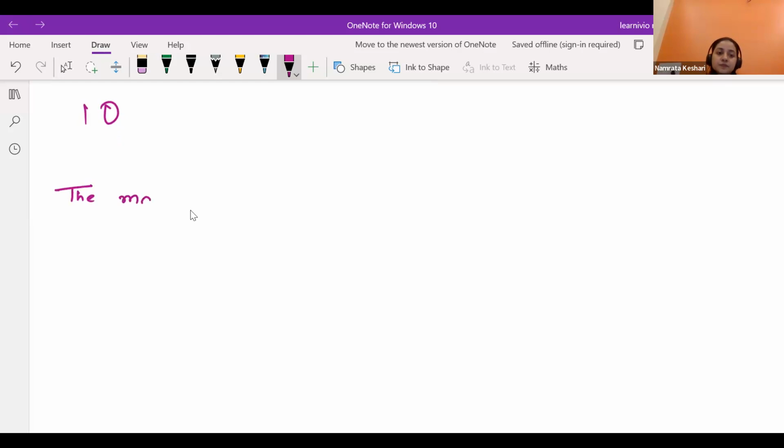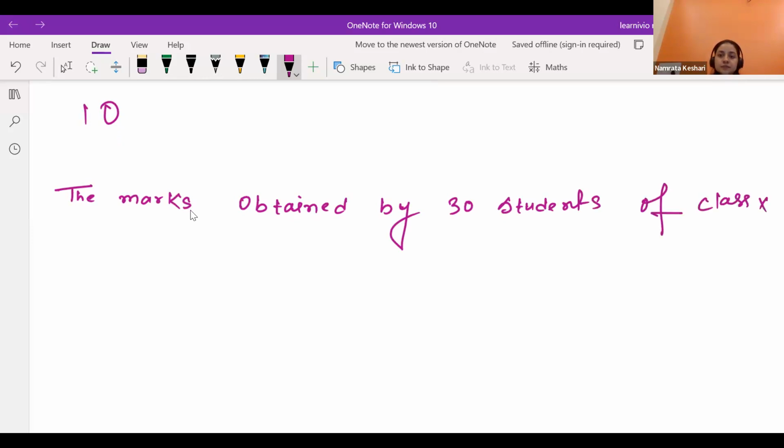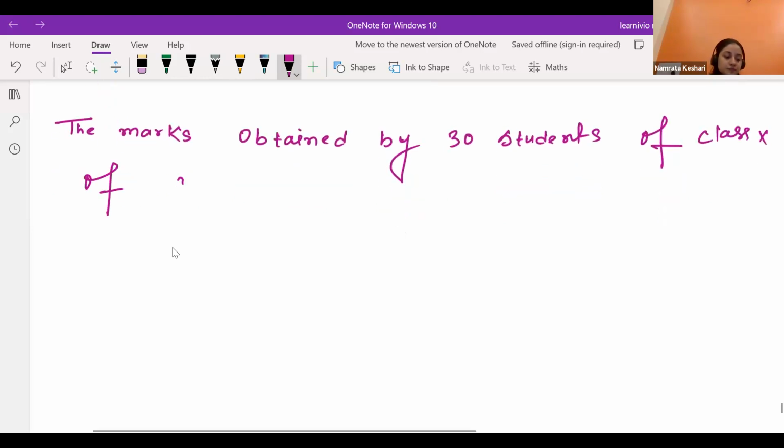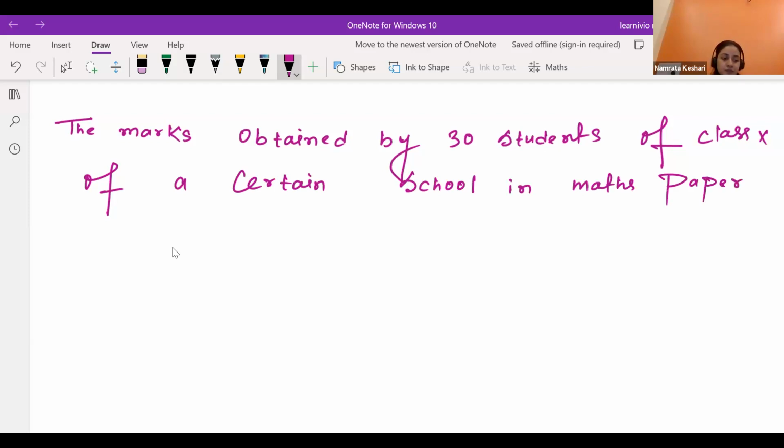The marks obtained by 30 students of class 10 of a certain school in a mathematics paper consisting of 100 marks are presented in the table.